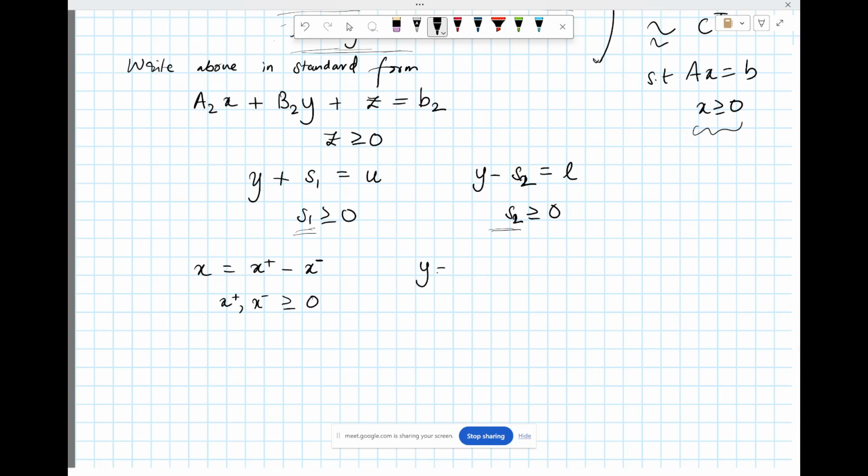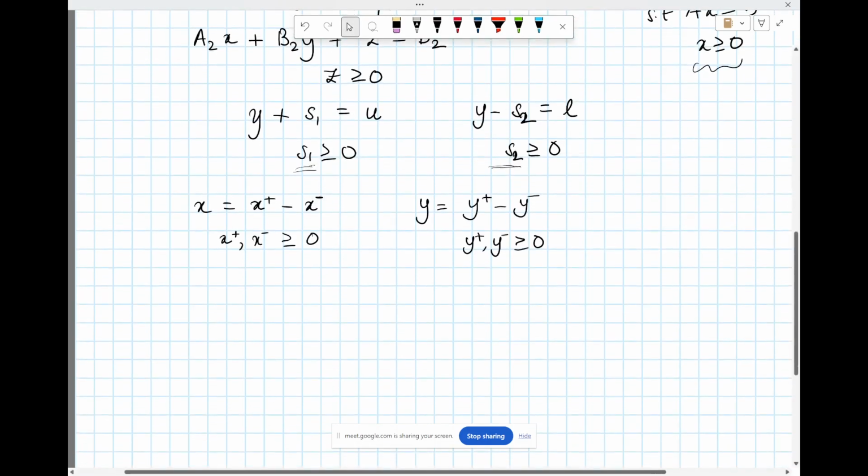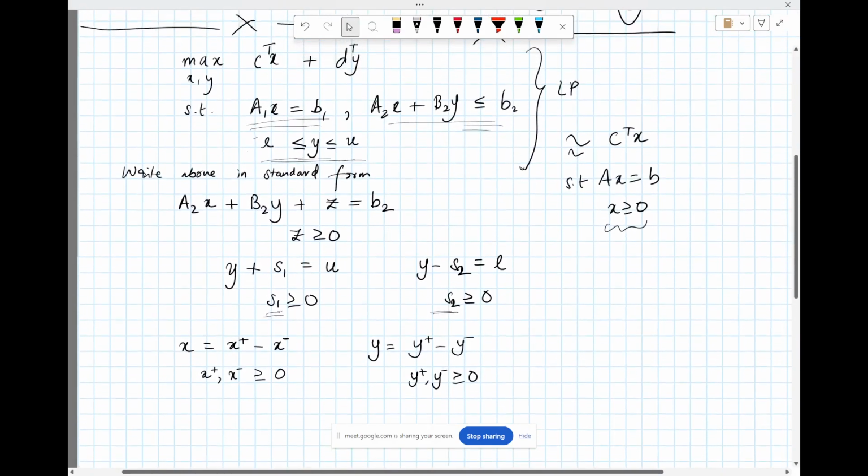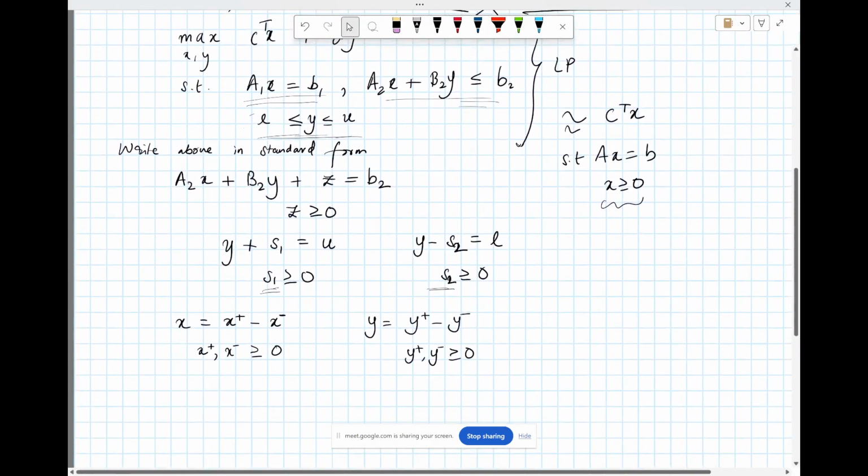and similarly y also we can write as y plus minus y minus, where y plus and y minus are greater than or equal to 0. So then we just need to rewrite these two parts.